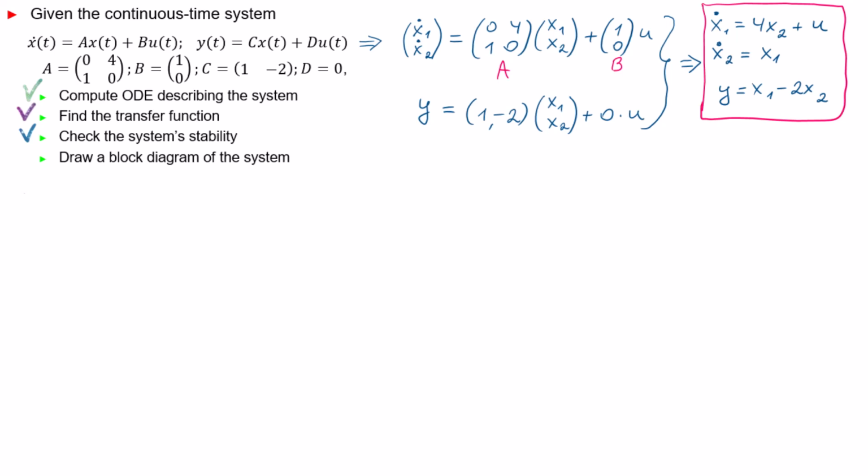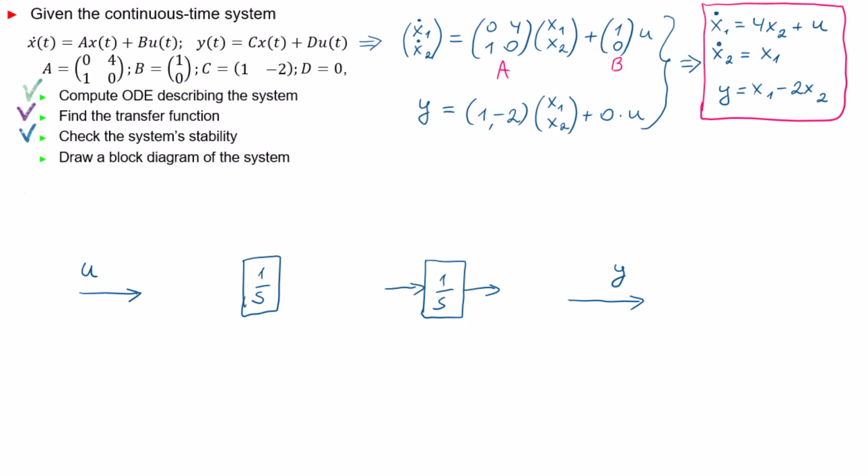Alright, so how do you start drawing a block diagram? First of all, you're drawing the input U from the left and output Y arrow on the right. Then you put a number of integrators, and an integrator is a block of 1 divided by s, because the Laplace transform of 1 divided by s is the integration operator. So you plot as many blocks as you have the order of the system.